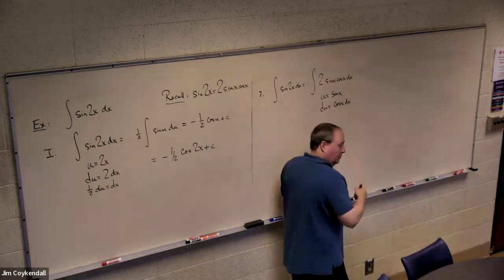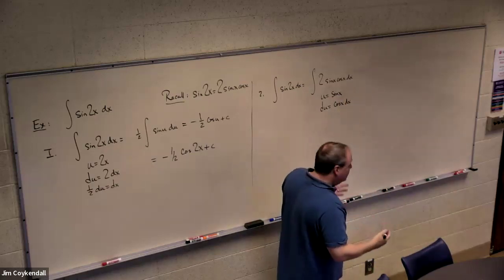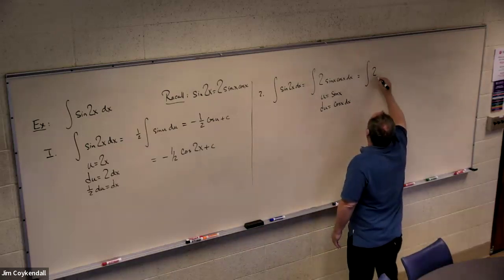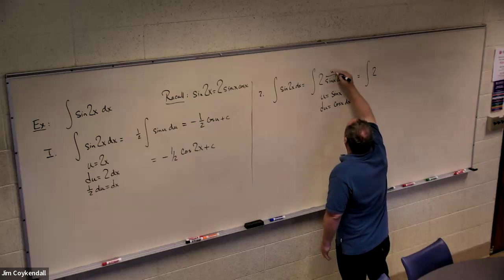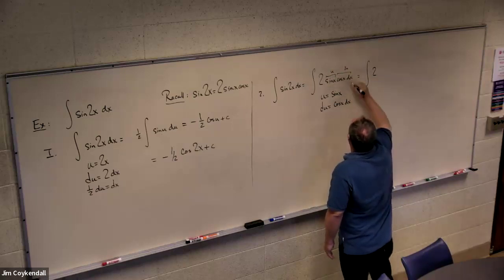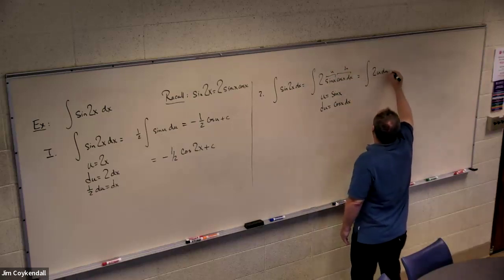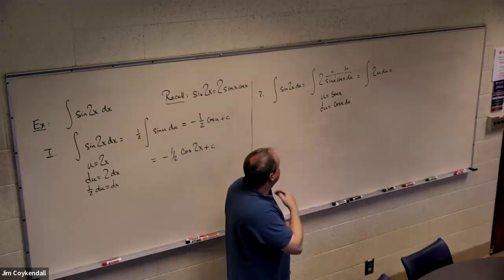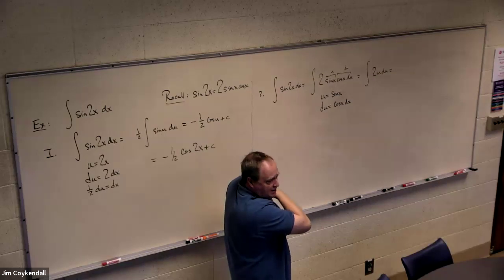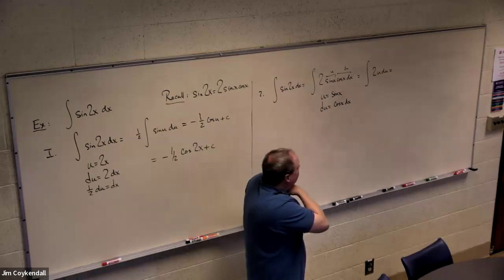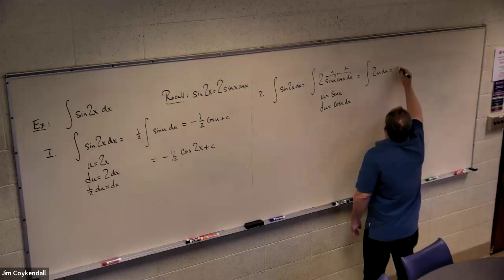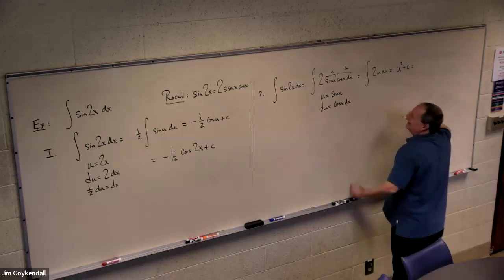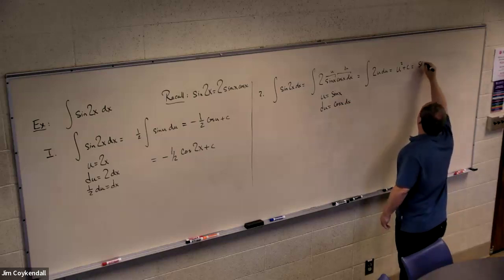You're doing your homework, don't be afraid if one doesn't work. But this one, let's get u. This is going to be 2u, there's u, and there's du. Works out really nice. And what's the antiderivative of 2u? So this one I get sine squared.